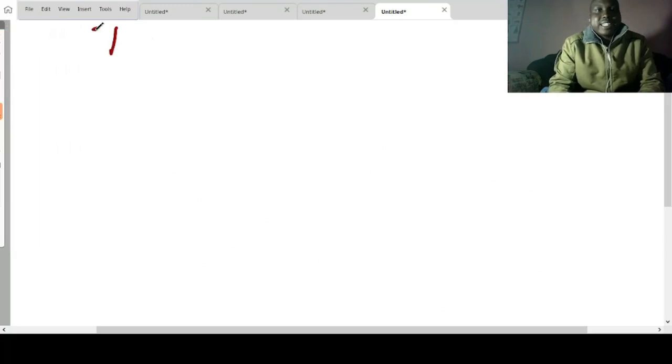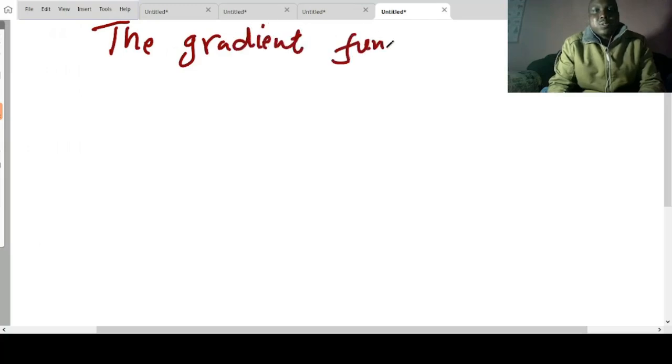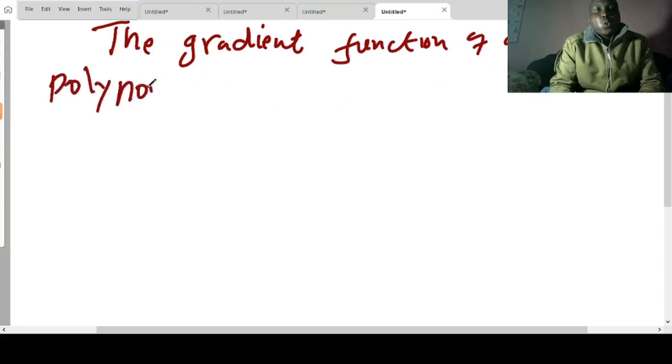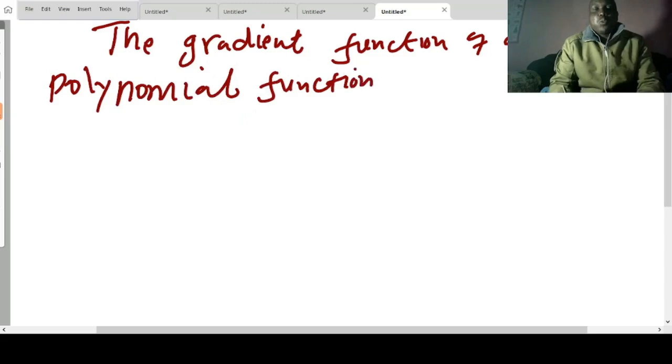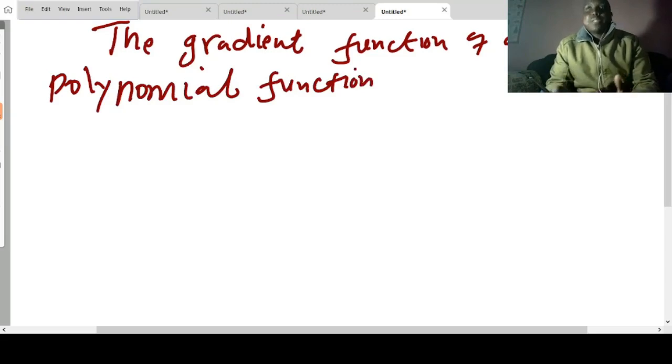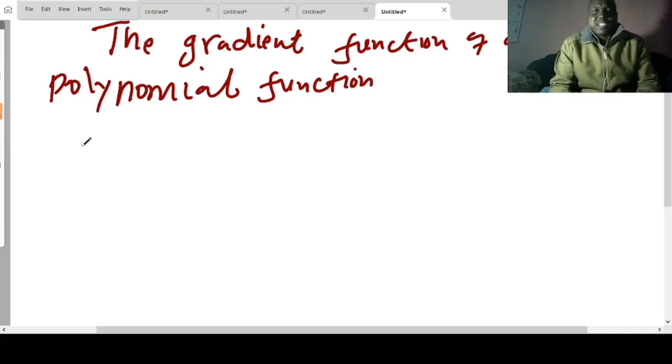Now we are at the gradient function of a polynomial function. A polynomial function is a function which has got more than 2 terms. So that's what we call a polynomial. Without wasting much time explaining, let me use an example.